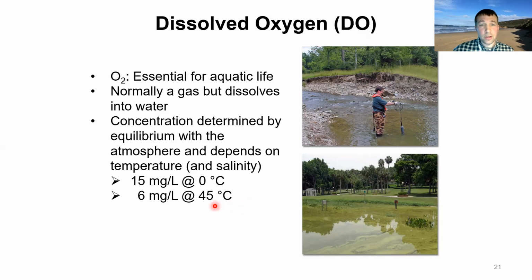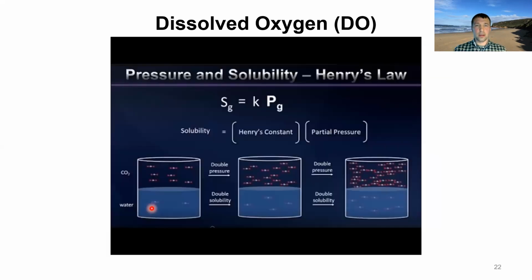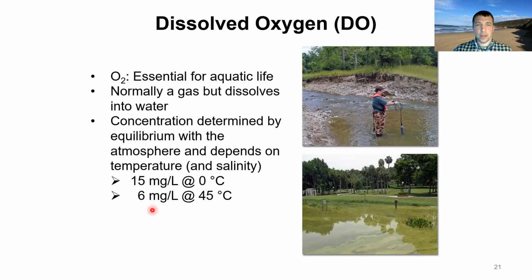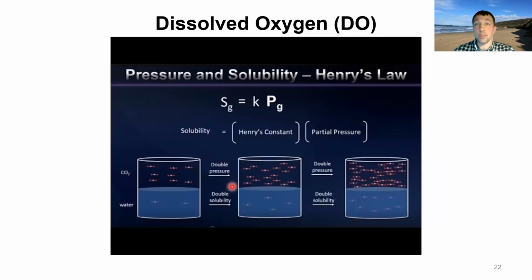In the middle of the summer, when it's hot, the concentration of O2 will be substantially less. The actual amount of O2 dissolved in water will be controlled by the pressure of oxygen in the atmosphere, as well as a constant, which we refer to as Henry's constant, K.